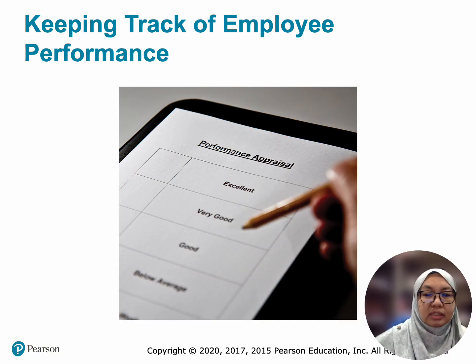This includes assessing whether employees are doing their job or not, whether they are doing the job as planned, as targeted, do they meet the goals? If not, employee counseling or employee discipline may be needed.